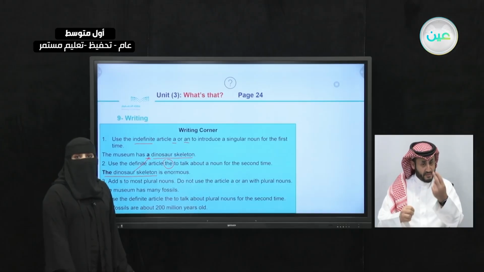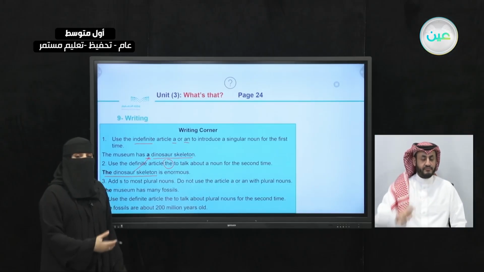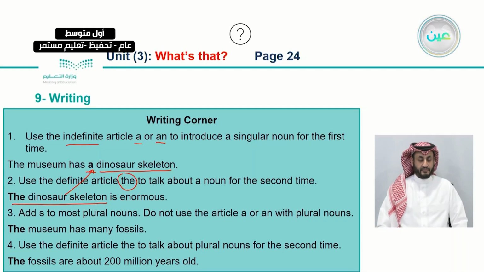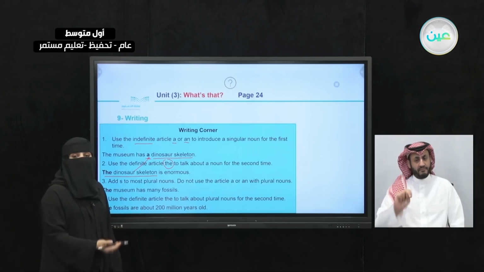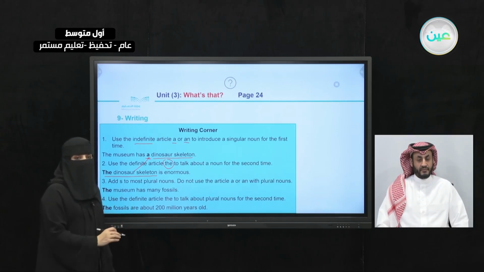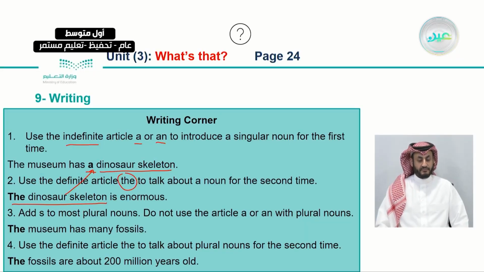Did you notice that? Whenever you want to introduce something new to your readers, you'll start with the indefinite article a or an if you're mentioning it for the first time. And if you want to talk about the same noun again, you're going to say the. The dinosaur skeleton is enormous, because already your readers know what you're talking about.